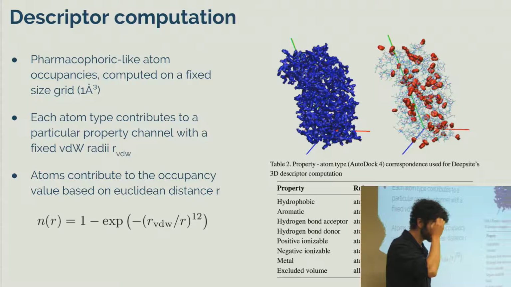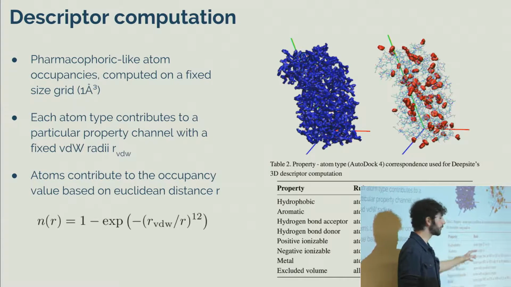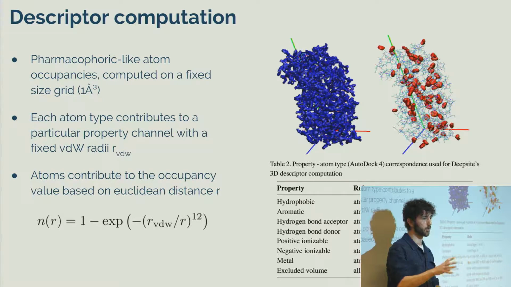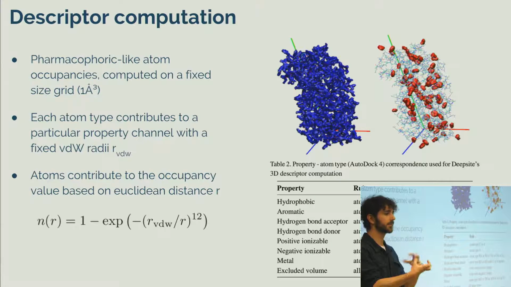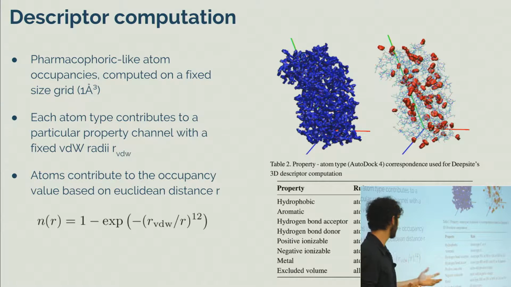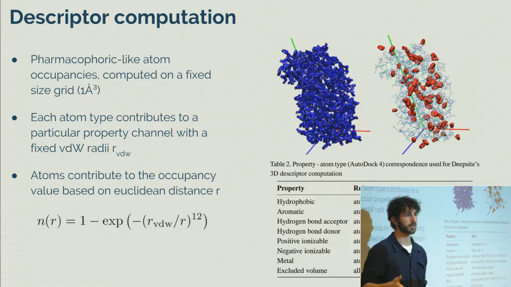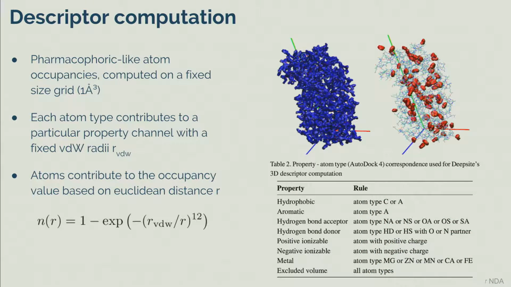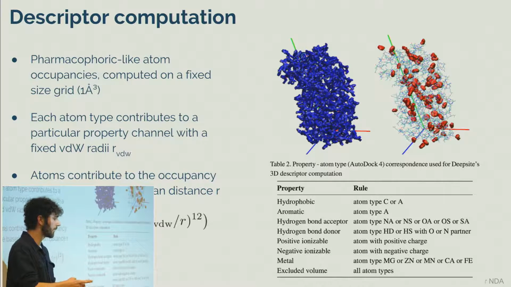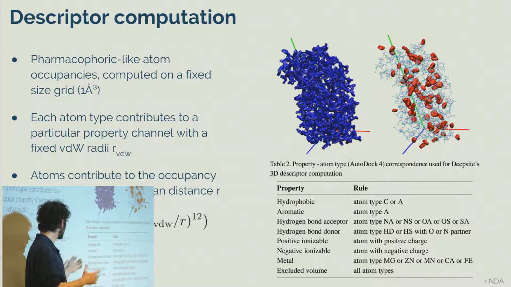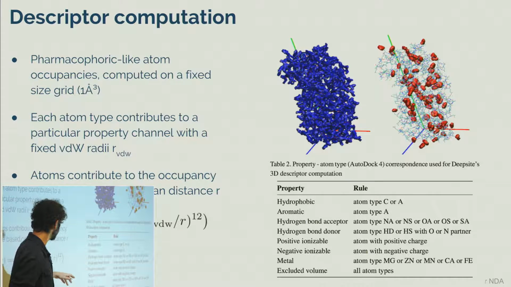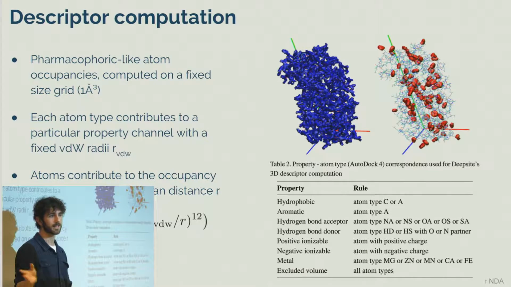Examples of these properties might be hydrophobicity, so how this atom likes to bind to water or not, or aromaticity, which is a chemical property about how strongly bound the atoms in the molecule are, more or less, a broad definition, because I don't know if there's any chemical background here.